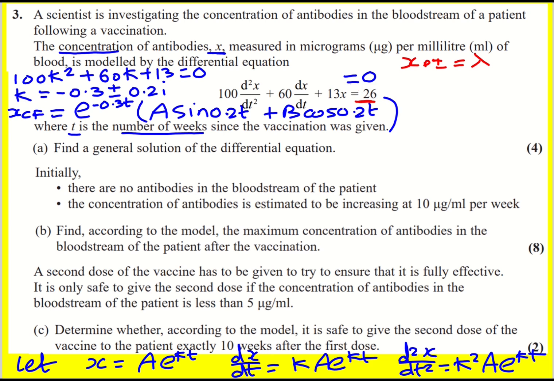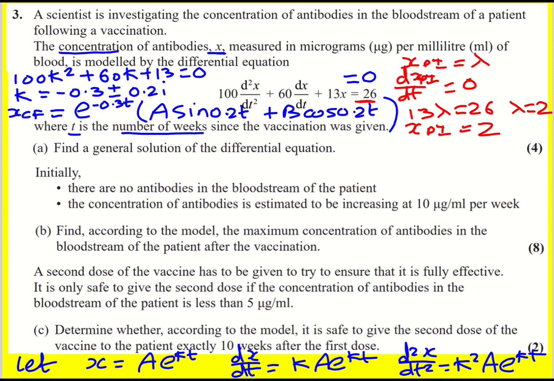So actually, the particular integral is just going to be a constant. And then when you do dx by dt, you're going to get 0. So we're just left with 13 lambda equal to 26, and therefore lambda is 2. So x particular integral is actually 2.